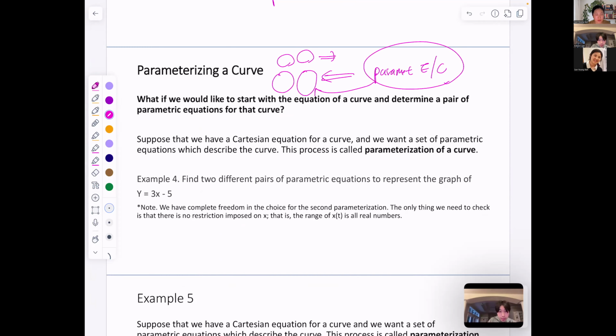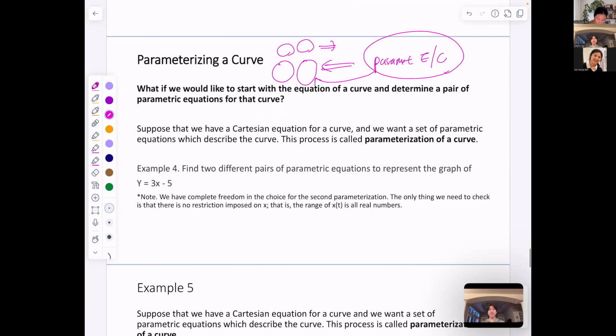You're looking backward this time. We call this process parameterization, finding the two x, y functions. We call this process parameterizing, to find the given function.